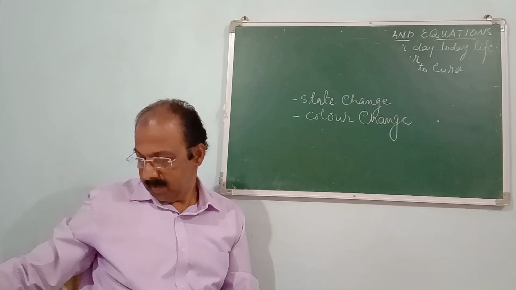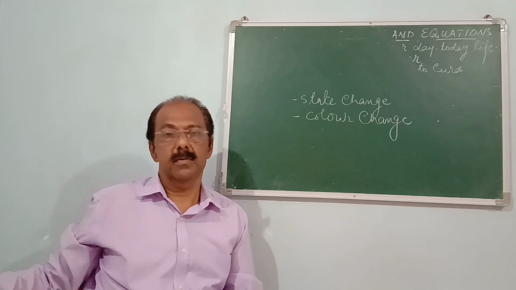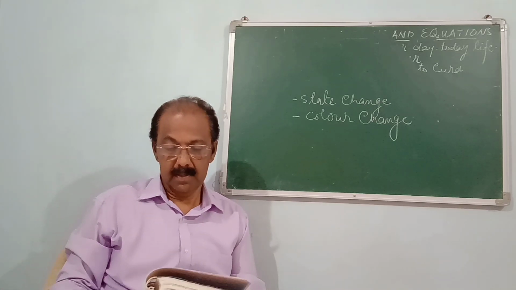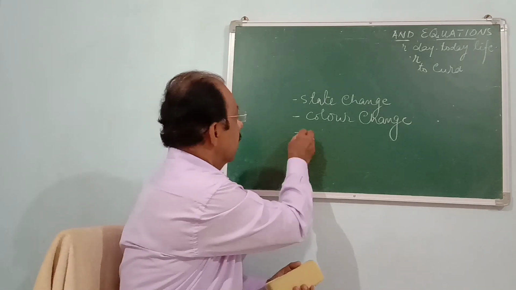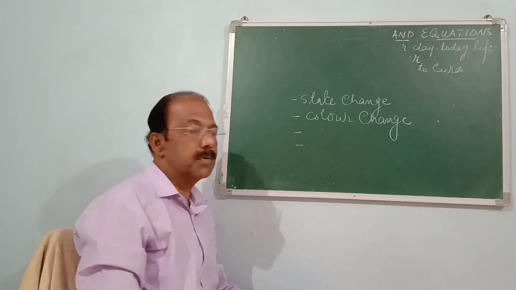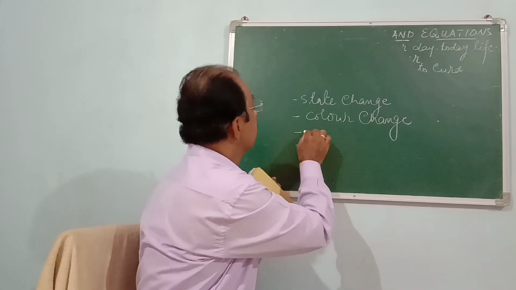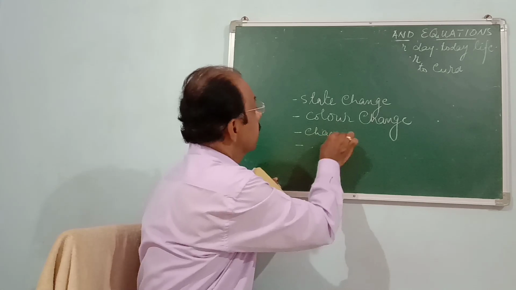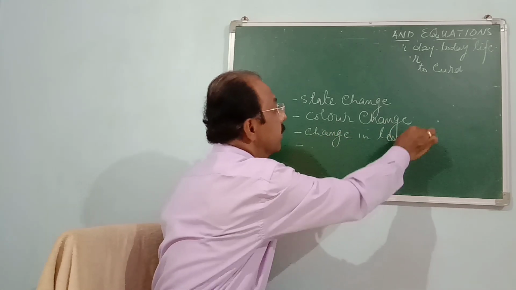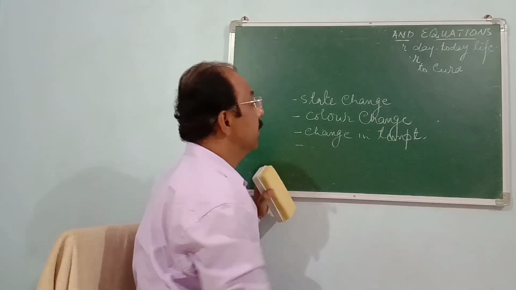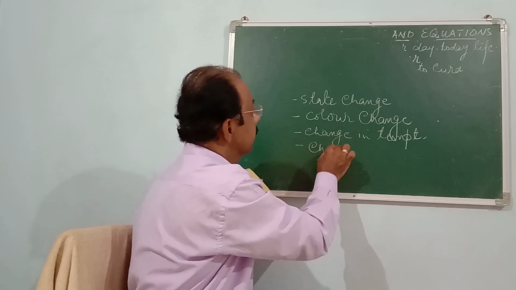So temperature is another observation that occurs during chemical reactions. So here we write change in temperature. And the fourth one, the last one, there is a change.